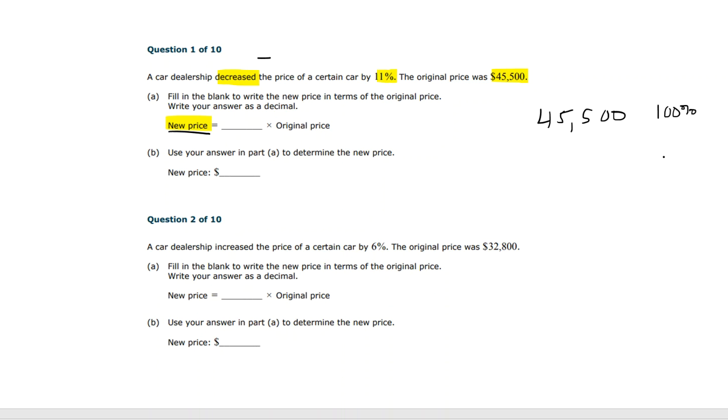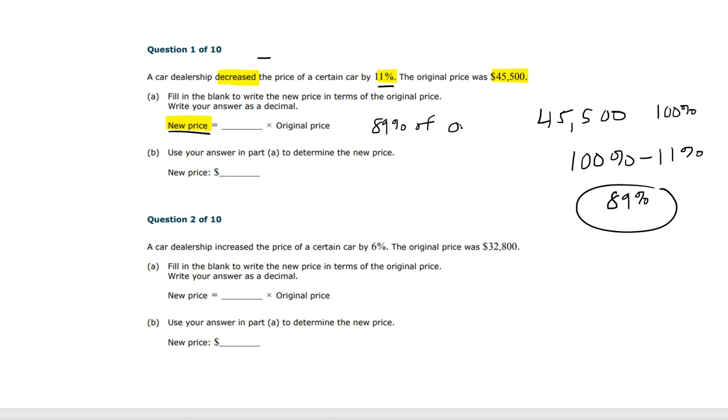If we call the original price 100% and we know the dealership is decreasing that price by 11%, when we take 100% and subtract 11%, that gives us 89%. So the new price is going to be 89% of the original price.